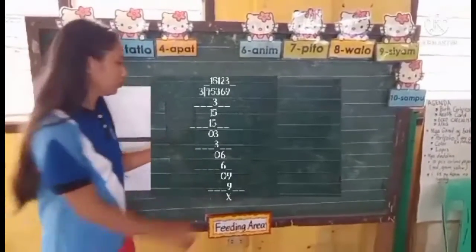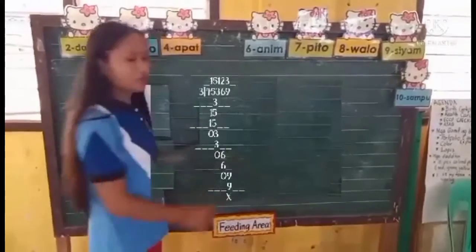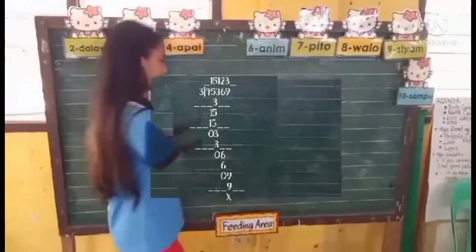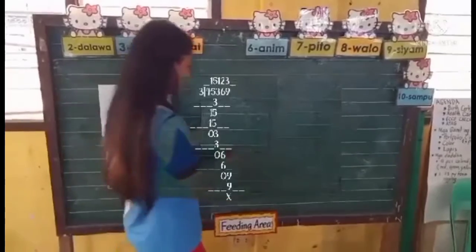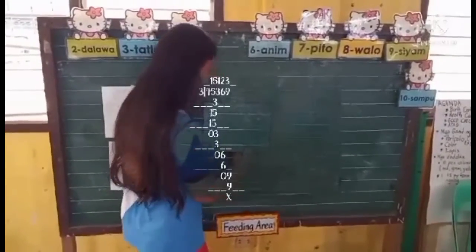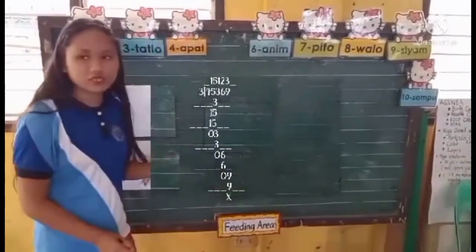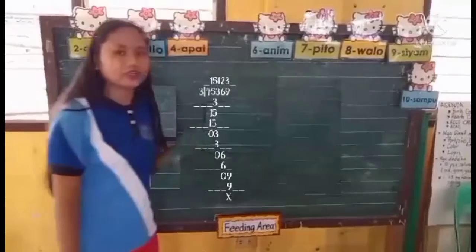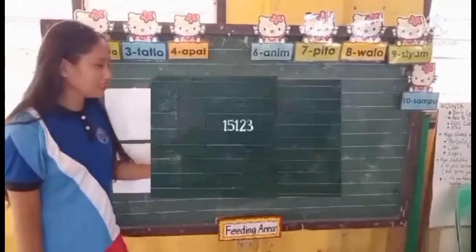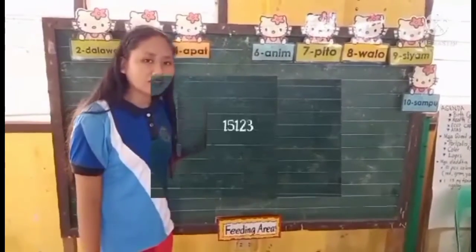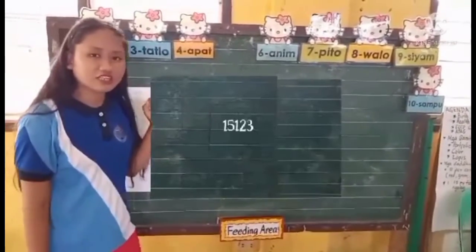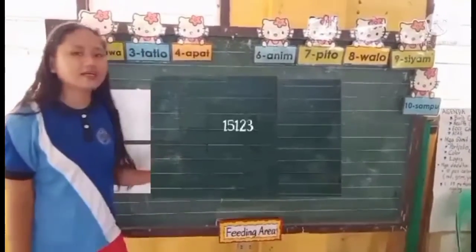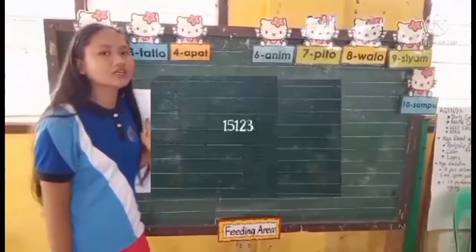Then, bring down 9. 9 divided by 3 is 3. 3 times 3 is 9. Then, 9 minus 9 is 0. So, ang answer ay 15,123. So, ibig sabihin, pwede siyang i-divide by 3 ng sakto at walang remainder.